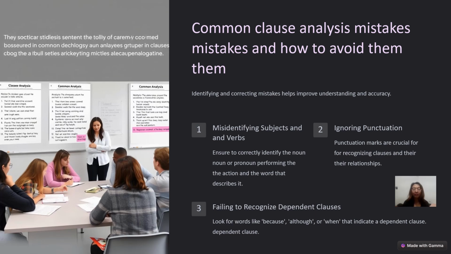The second point is ignoring punctuation, which means punctuation marks are crucial for recognizing clauses and their relationship. And the third is failing to recognize a dependent clause. Look for words like because, although, or when that indicate a dependent clause.